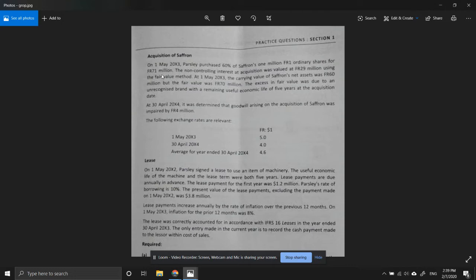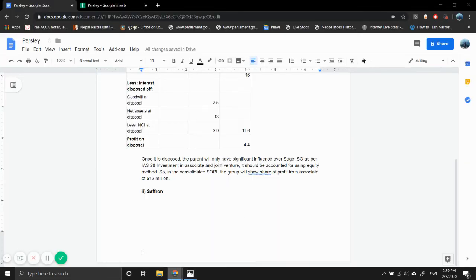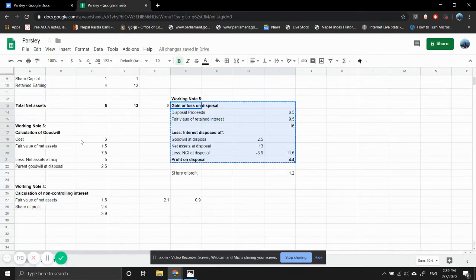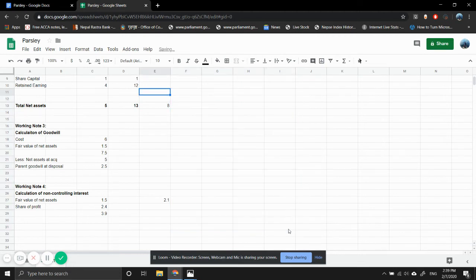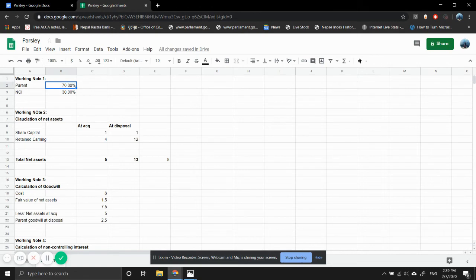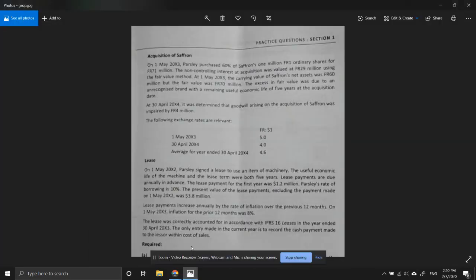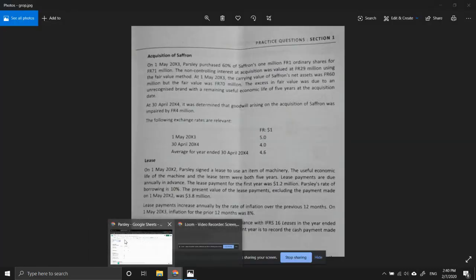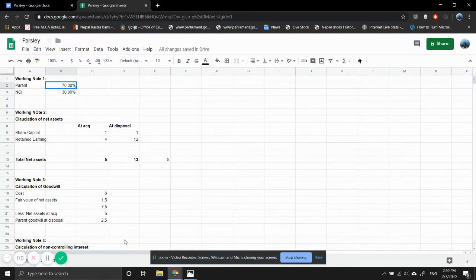Okay. So that's also done. And then the exchange rates are given, right? Goodwill arising on acquisition was impaired by 4 million. So let's use our template. In this case, we can use this same template. So what's our holding percentage? How much did we own? 60 and 40, right?